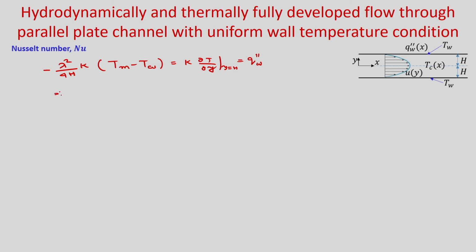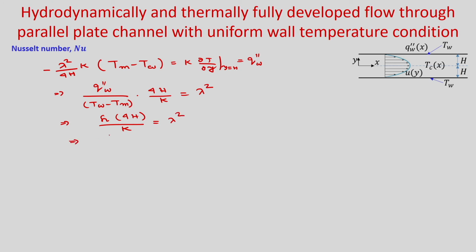So, now you can see q double prime w divided by Tw minus Tm. I have taken minus. So, it will be 4h by k is equal to lambda square.